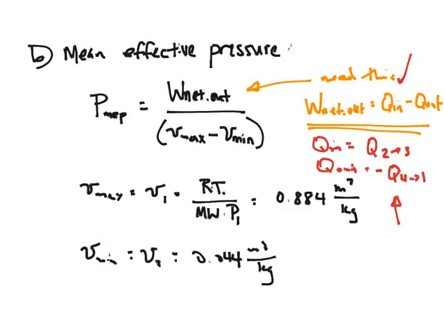When we identify them as Q in, Q out, these do not have signs, they're always positive. So the Q out is going to be the negative of Q 4 to 1. Okay, so these are the things we need to find, so let's go ahead and do that. All right, so let's focus on Q 2 to 3 first. So we're going to use an energy balance.